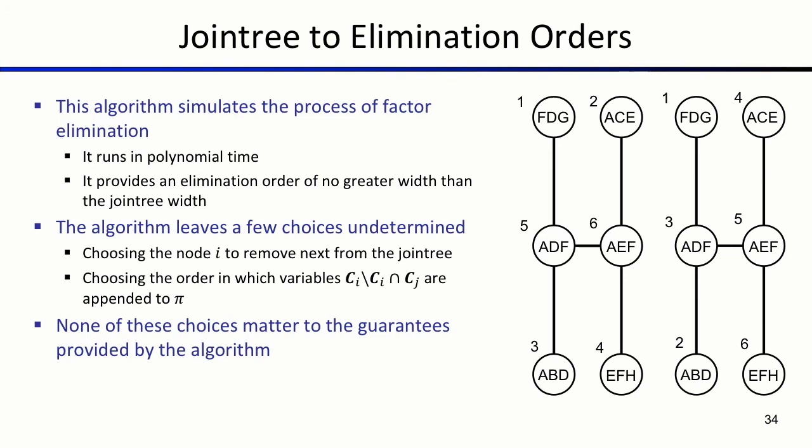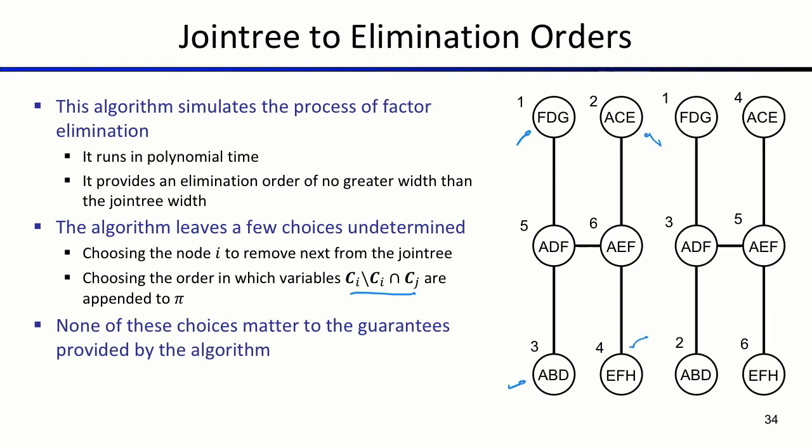All right, so the algorithm leaves a few choices undetermined: choosing the node i to remove next from the joint tree, and choosing the order in which the variables are taken here. In this case, it happened that each node that we eliminated had just one variable, right?